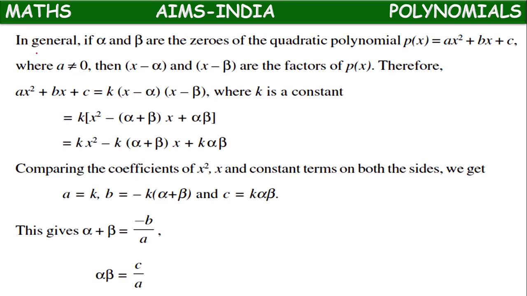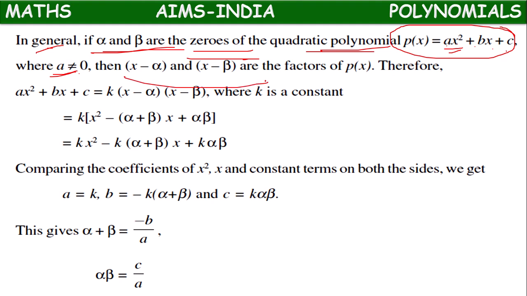Next, children. In general, if alpha, beta are the zeros of the quadratic polynomial p(x) = ax² + bx + c, where the x² coefficient a is not equal to 0, then x - alpha and x - beta will be the factors of p(x).